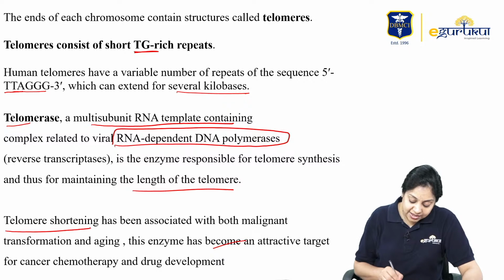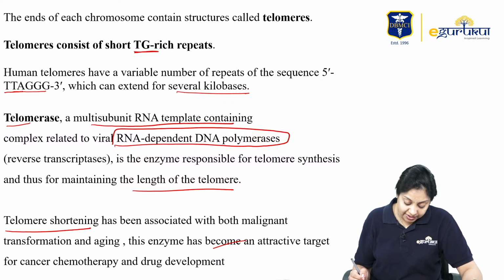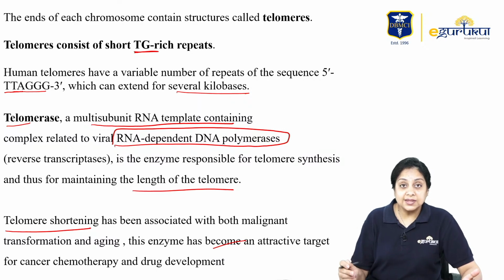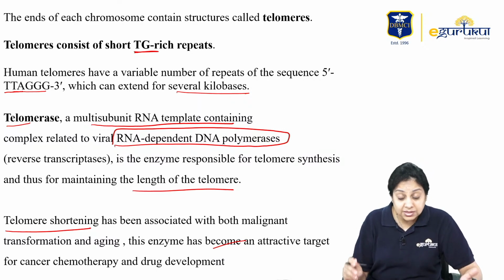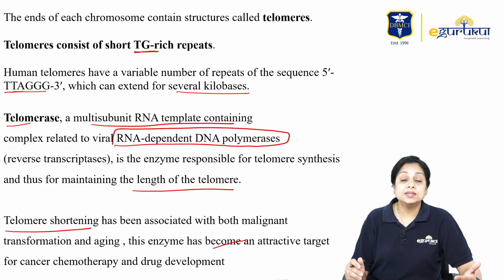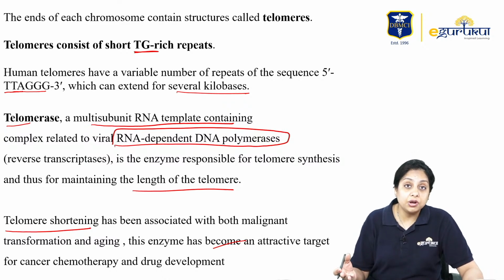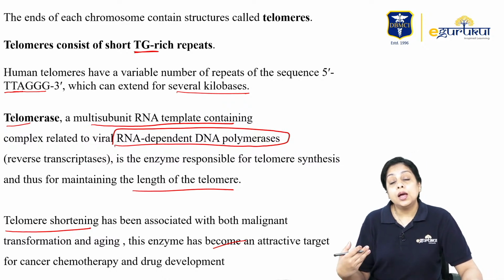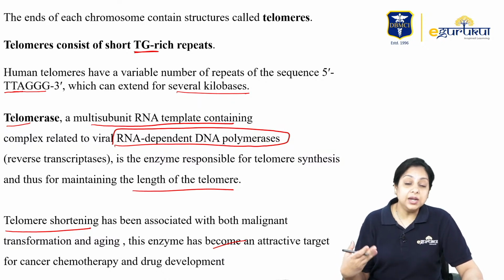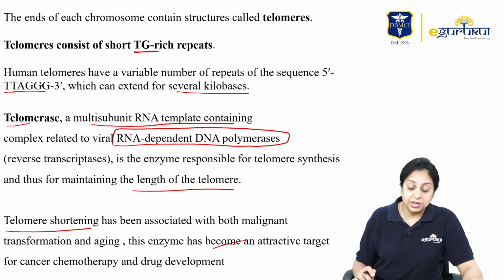Telomere shortening has been associated with both malignant transformation and aging, right? Cancer cells choose telomerase as their savior so that they can survive for a longer period of time. So targeting the telomerase enzyme for treating cancer is one of the therapies that we use, okay?